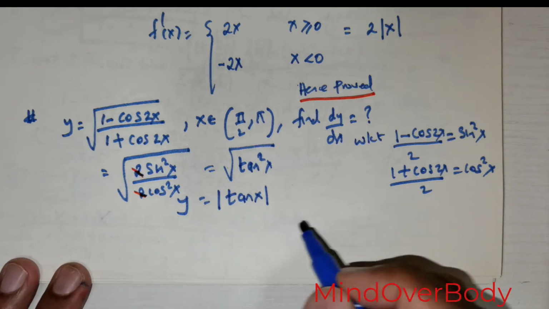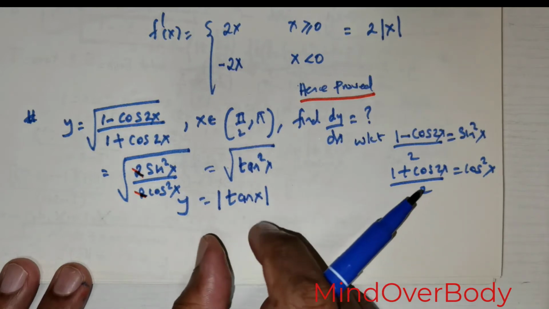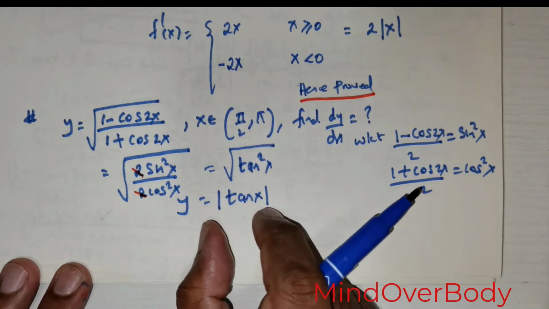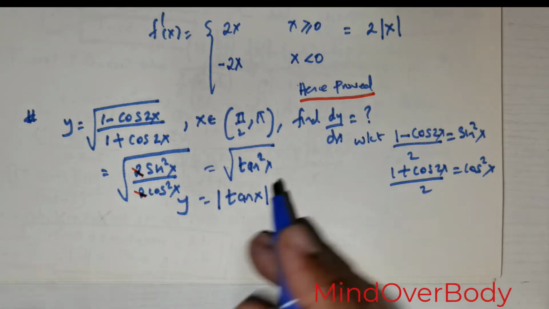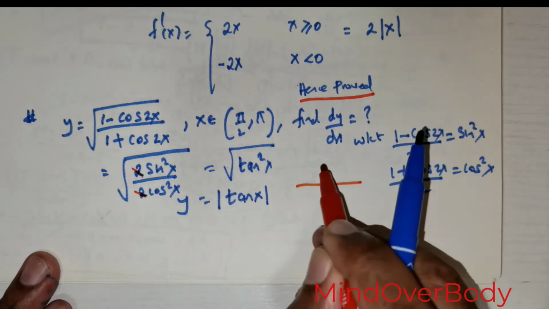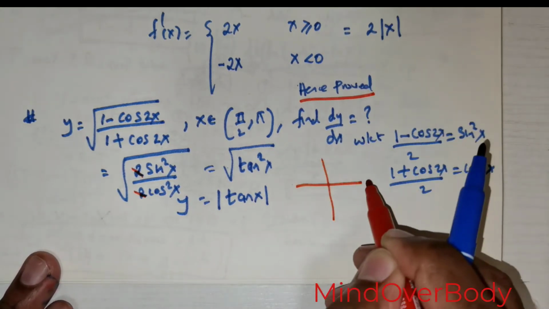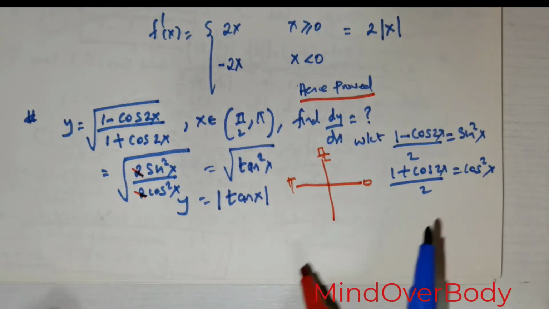Now since this is a modulus function, you will have to know whether this modulus function opens with a positive sign or with a negative sign. So to judge that, let me draw the quadrant. Now this is 0, this is pi over 2, and this is pi.